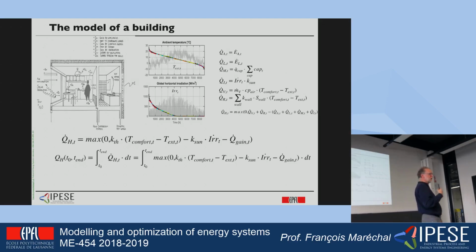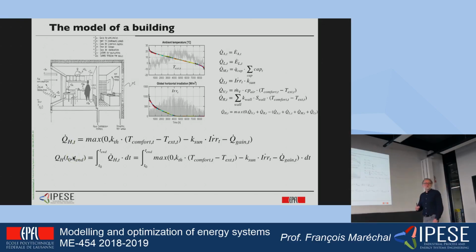And something which is very difficult is to measure the instantaneous, so the heat load in terms of power. Okay? Because there are a lot of things that are going to happen, and of course we are not really interested in having exactly 21 degrees C. It can be 21 plus or minus something. So it means that when you are going to measure the heat load of a building, in fact, you are not going to measure what is happening at a given time, but you are going to measure an integral.